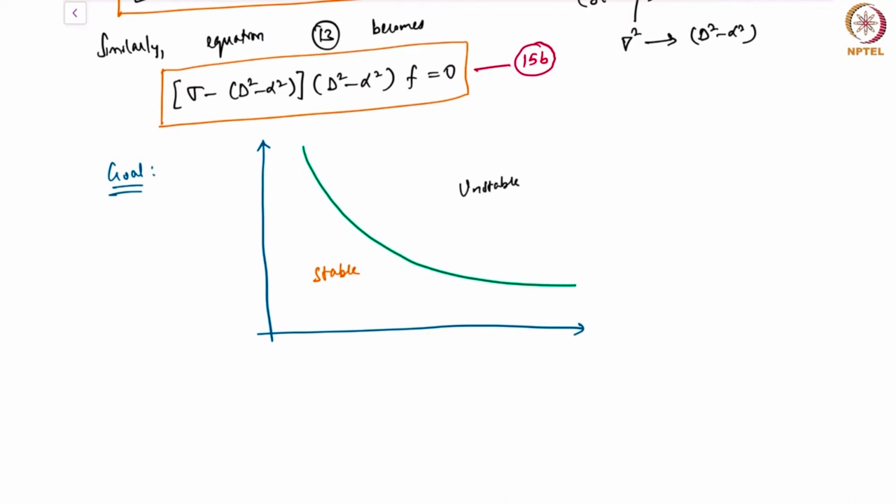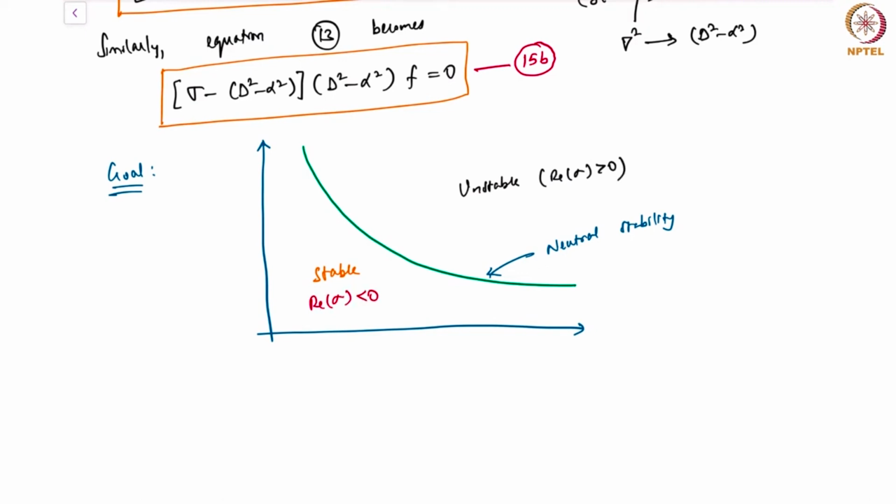Neutral stability here. So recall that unstable means the real part of sigma is greater than 0, and stable means the real part of sigma is less than 0. This is stable.